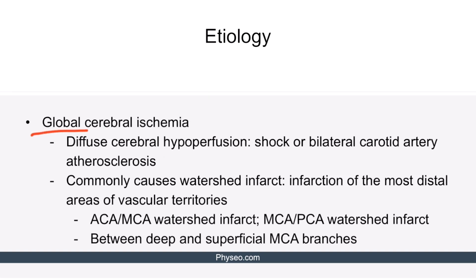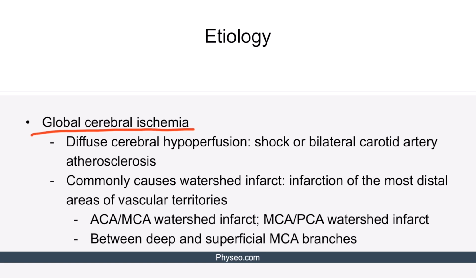Finally, let's discuss global cerebral ischemia as a cause of ischemic stroke. In global cerebral ischemia, there is diffuse cerebral hypoperfusion resulting in tissue infarction. Hypoperfusion can be due to shock or bilateral carotid artery atherosclerosis, restricting the blood flow to the brain as a whole. Global cerebral ischemia usually causes a watershed infarct.